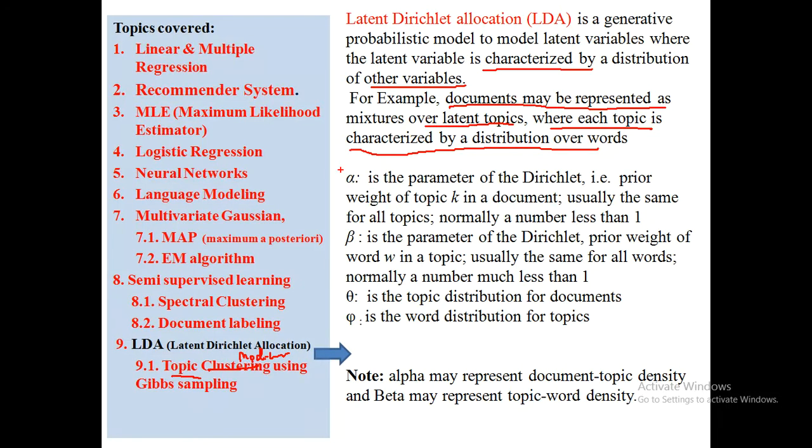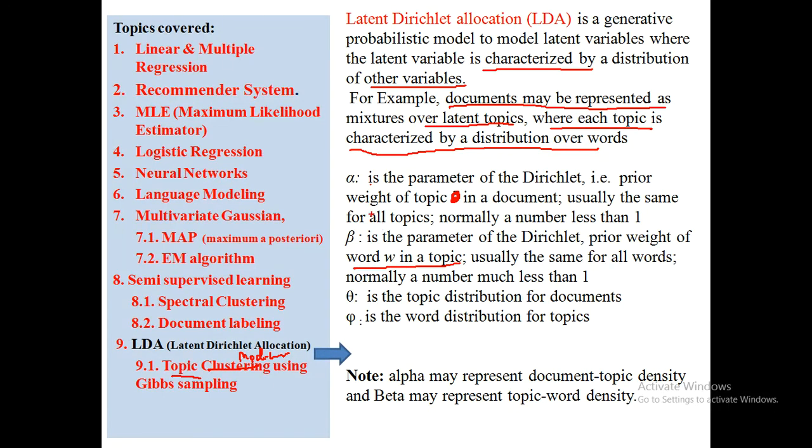Let's see some of the notation. Let alpha be the parameter of the Dirichlet, that is, the prior weights of topic K in a document. Usually its value is less than 1, and beta is the parameter of the Dirichlet, the prior weight of words in a topic.